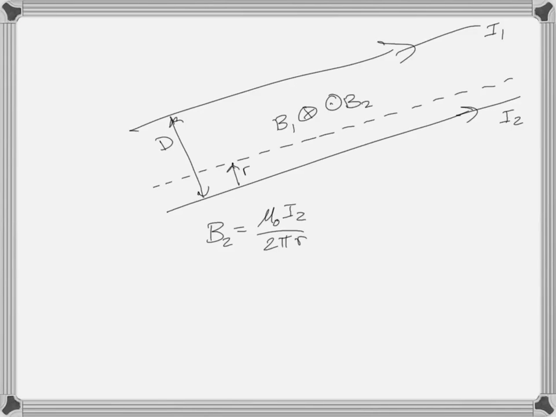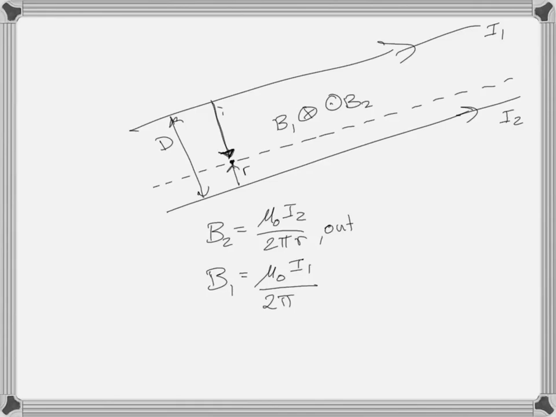And that points out of the page. What is the magnetic field at that same point due to current 1? Well, it's mu naught I1 over 2 pi. It's not r, right? Because what's the distance from I1 to that point? This distance here, what's that distance?